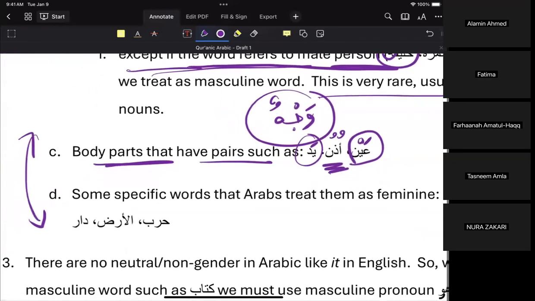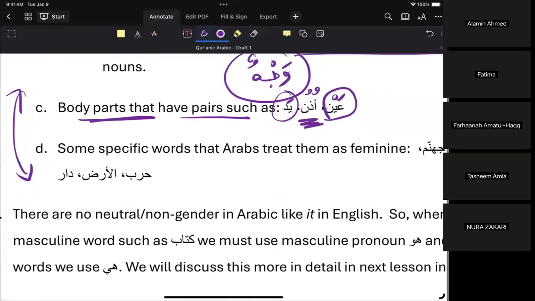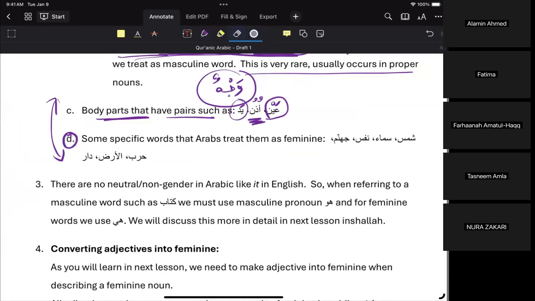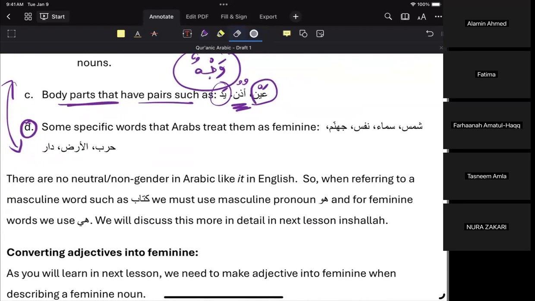Now, another category. Again, these are the things that a normal grammar book will not talk about, but a Quranic grammar book needs to talk about because these words come in the Quran quite often. And if you don't know, you'll get confused again. We have some specific words that Arabs treat as feminine. So there are no rules for those.